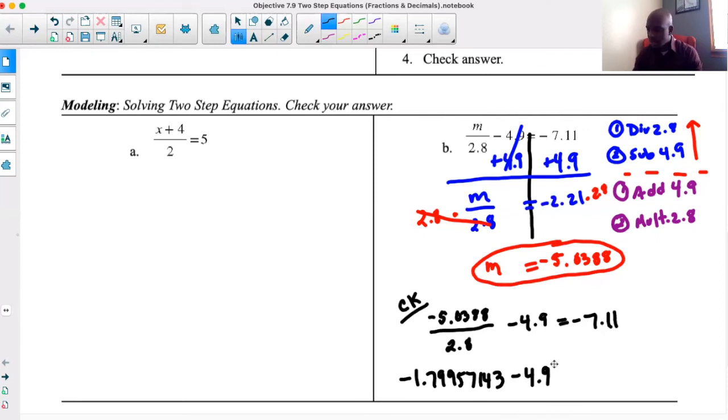Now I'm going to subtract 4.9 from that. Now on your calculator, because I'm actually using my phone, and my phone may be rounding some of the numbers and give me answers that are off. I say that because as I check, I'm noticing it's not working right, which is okay. This is me understanding the math and saying, this doesn't make any sense.